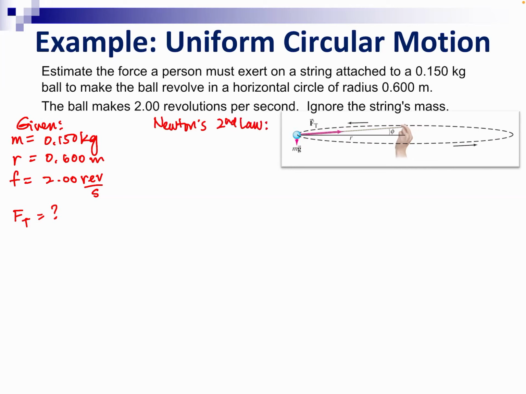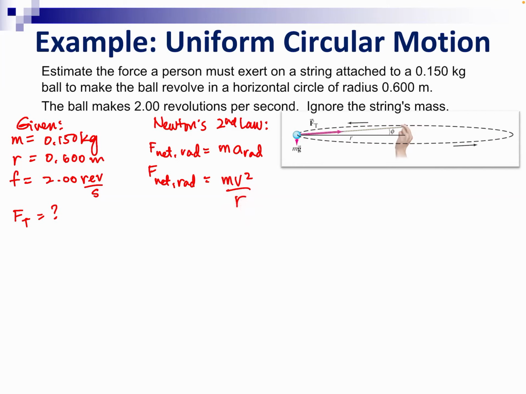We of course know Newton's second law of motion in radial form. So we pretty much know the mass and the radius of this circular path.